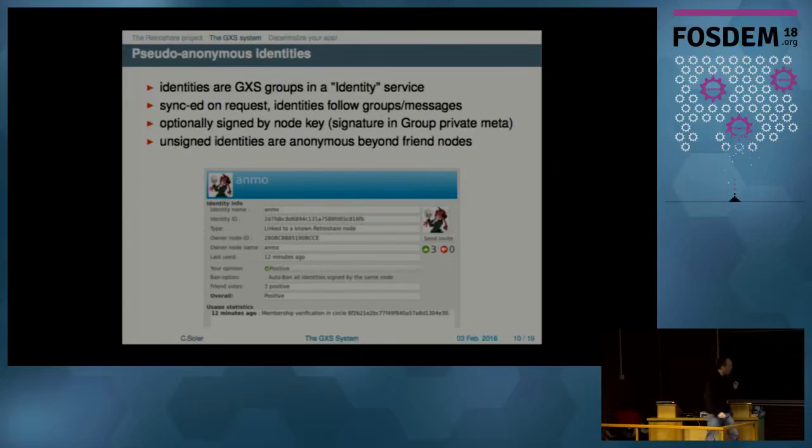As you can see here, they can be optionally signed by a node key, which allows this identity to be connected to someone in real life in the network. But this is optional. Some identities might otherwise be anonymous, and then there is no way to trace them back to their hosting node.